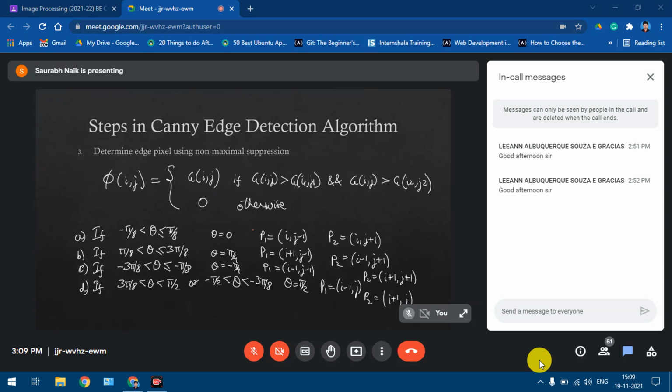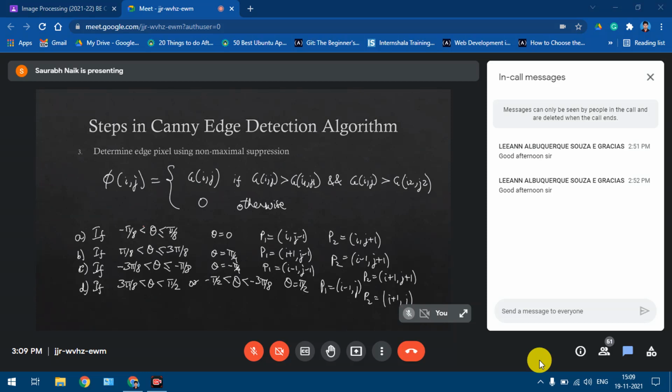We use this to calculate the gradient, and then for pixels having a particular gradient and angle, we check which of the left pixel and the right pixel has the higher gradient value. Depending on that, we set the pixel gradient values, that is, whether it is greater than the left side and greater than the right side, and we set the angle depending on these conditions.